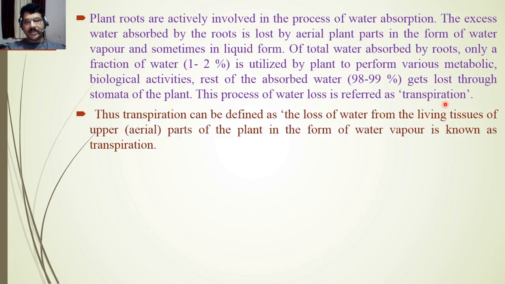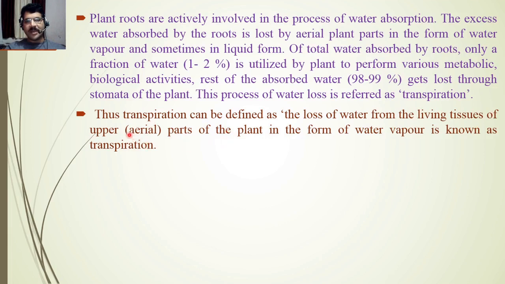Now transpiration can be defined as the loss of water from the living tissue of the upper, that is aerial, parts of the plant in the form of water vapor. It is a very simple definition: the loss of water from living tissue, meaning mesophyll tissue, or we may call it stomata, of the upper aerial parts of the plant.